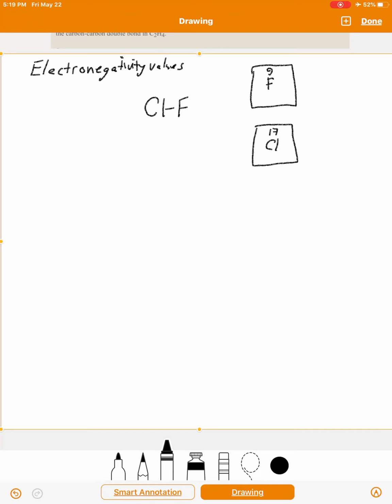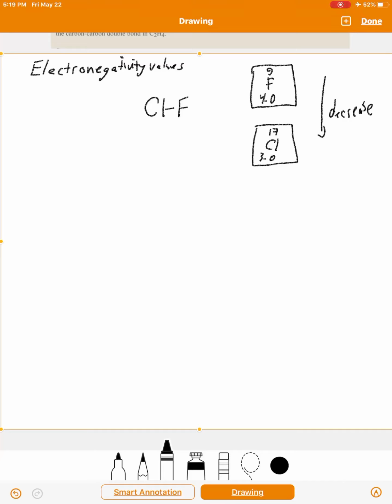The general rule is that within a column, as you go down the column, the value of electronegativity gets smaller. So it should decrease in this direction. And in fact, it does. Fluorine is 4.0 and chlorine is 3.0.